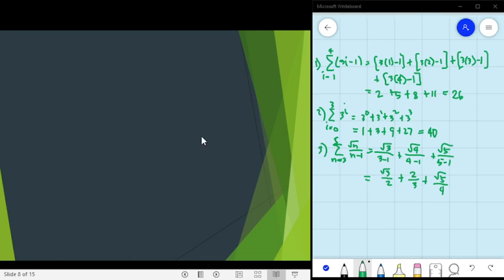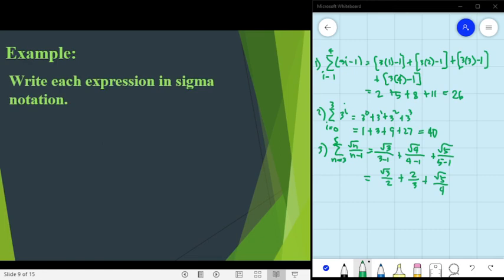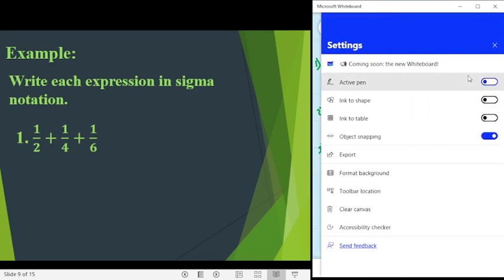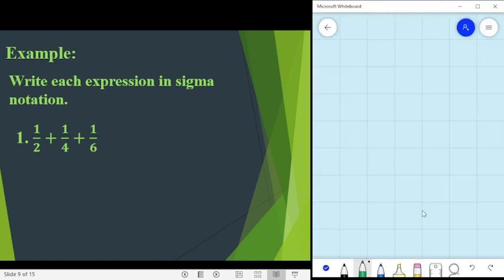Okay. So, next would be examples wherein we are going to write an expression in sigma notation. Earlier we expanded sigma notation, now we express the given in sigma notation. So, the sum of 1/2 plus 1/4 plus 1/6. Notice that the denominators are even numbers.